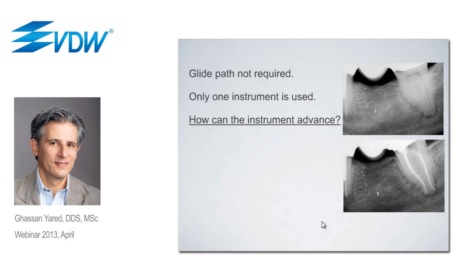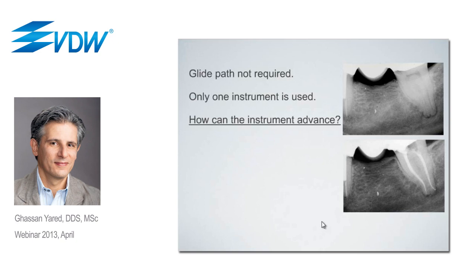So now you understand why a glide path is not required. It is not required because the angles that we use are smaller than the angle at fracture. Even if the instrument binds in the canal, it will not fracture. A glide path is required for continuous rotation, because there is a high chance of binding.